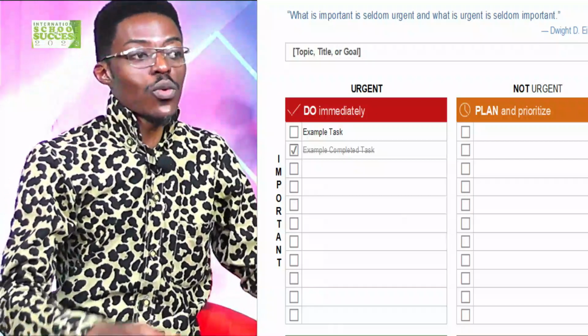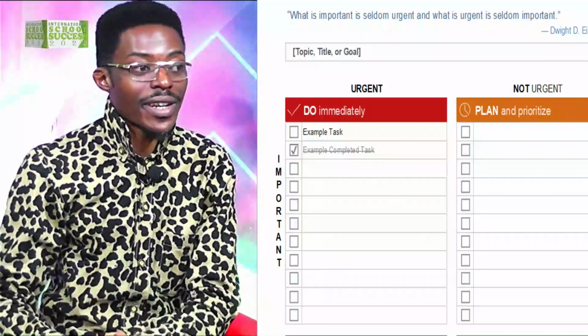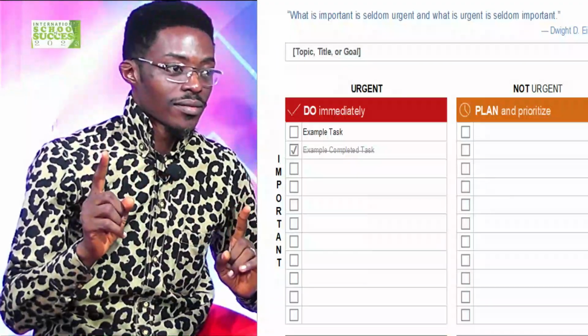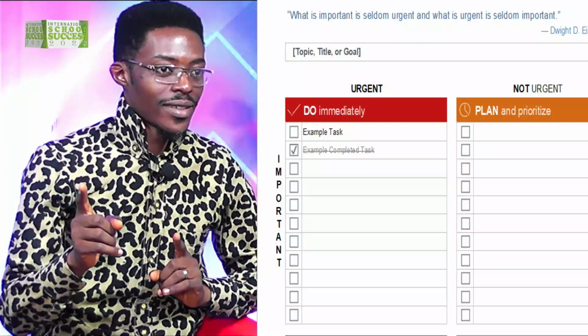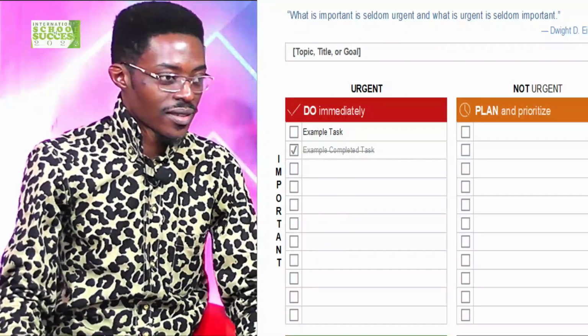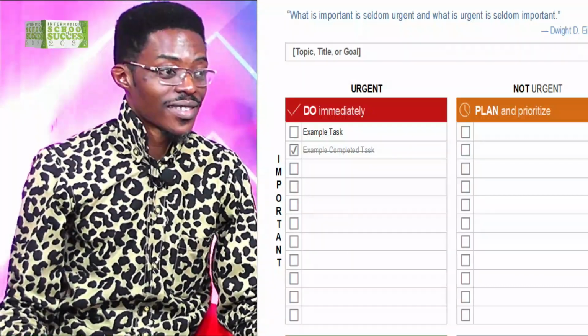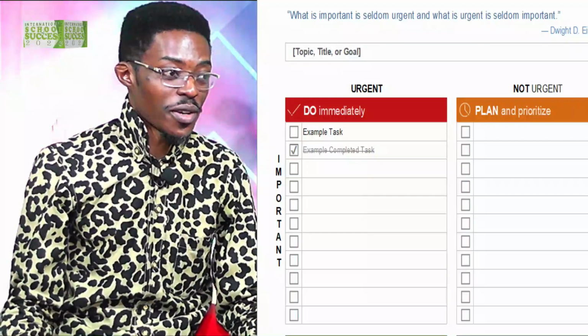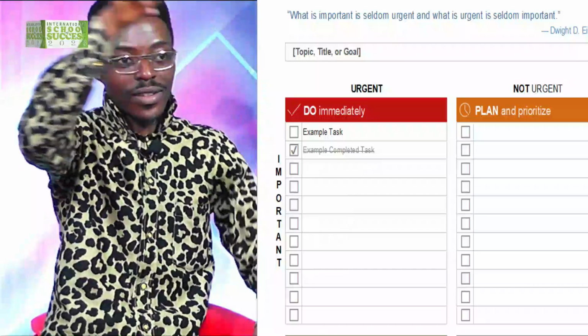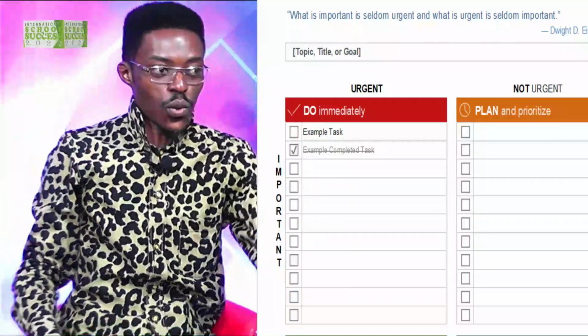Now, that means when you are filling quadrant 1, what you are filling is anything that is urgent and important. Do you understand that? I'm not seeing your screen, but I'm looking at my own screen. Quadrant 1, urgent, this way is important.